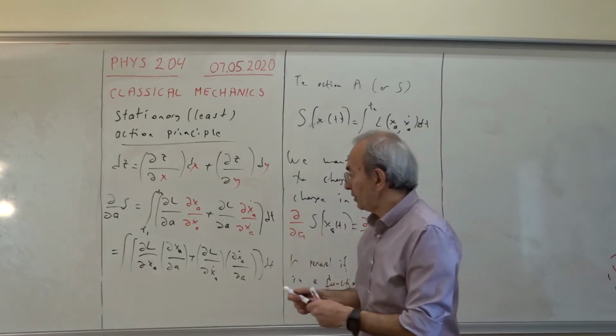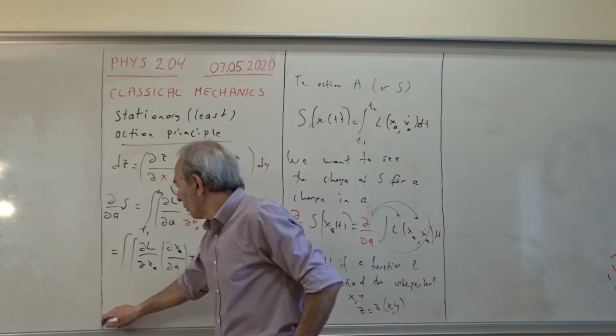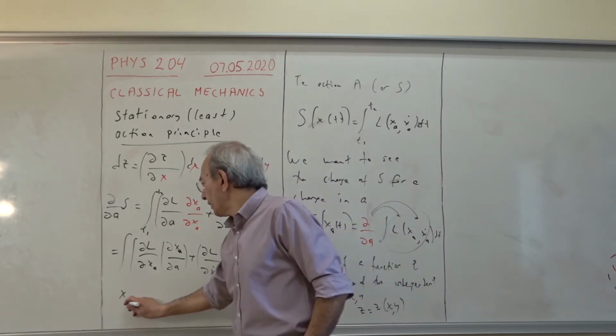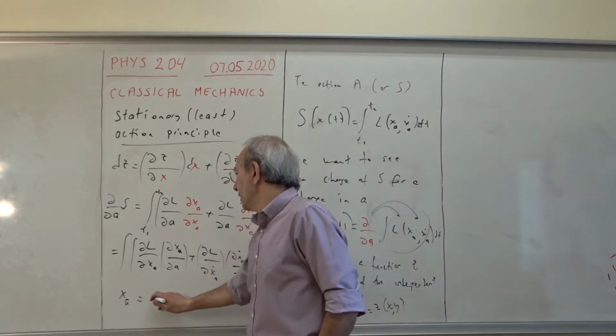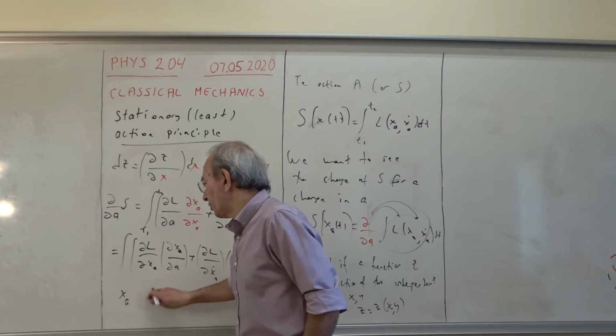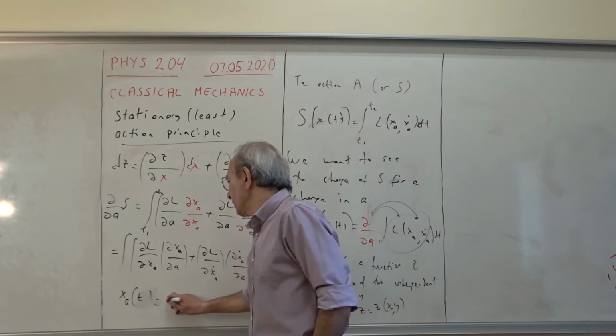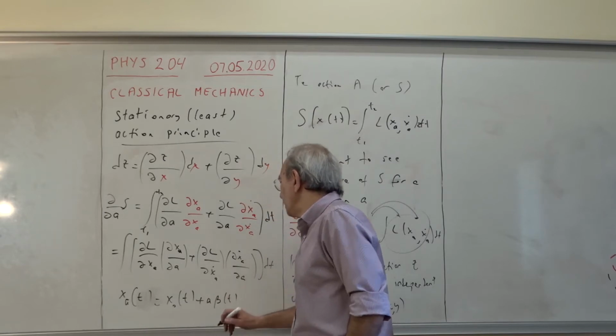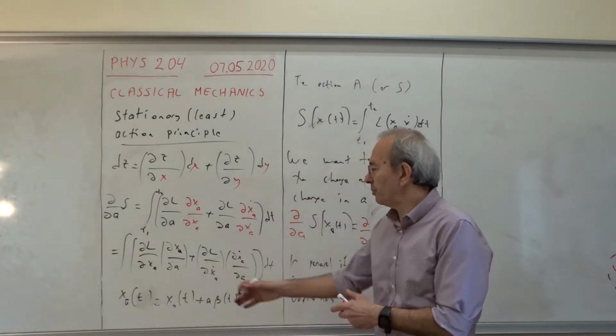As I erase here, let me rewrite it. What is the relationship between xa and a and beta? Remember that xa, or xa of t, because it's a function of time, was x0 of t plus a times beta of t. This was the expression that I wrote a minute ago.